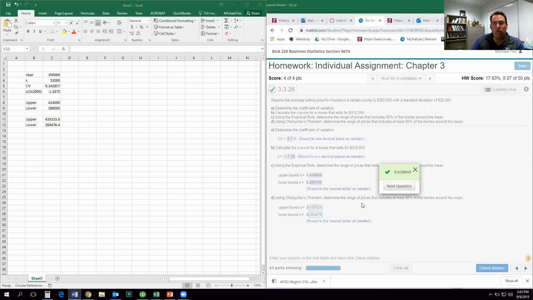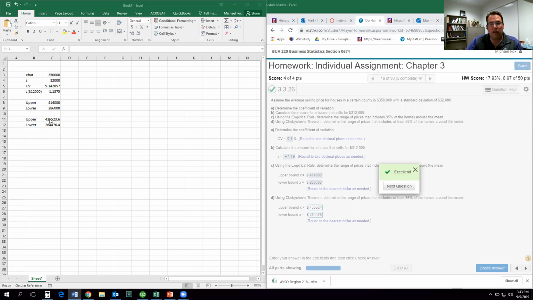Chebyshev's theorem is for data that we're not sure whether or not it conforms to a normal curve. So we have to have more error in the equation, and that's what Chebyshev's theorem does.